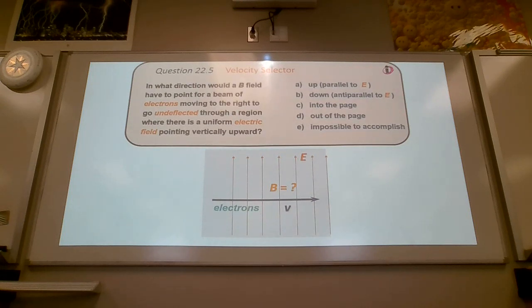So the electric force is going down. So I need the magnetic force to go up. So I'm sticking my thumb in the direction of the velocity. I need the back of my hand to go up because it's negatively charged. Out of the page. D. Would it be any different if it was positive? It would not. Good?